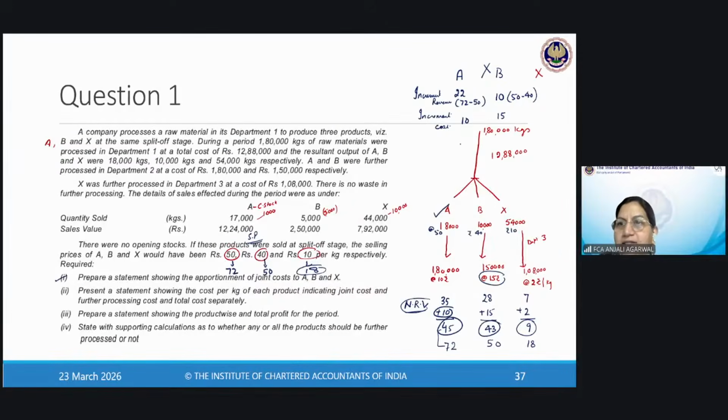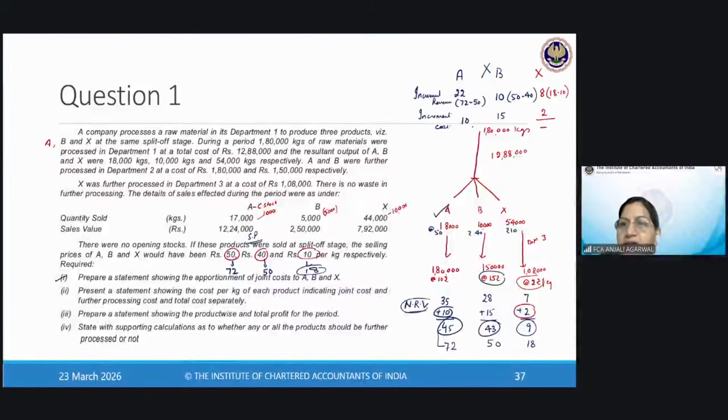Similarly for X, what is the incremental revenue? It is 8 rupee per unit, 10 and 18. 18 minus 10. You are selling your product for 8 rupee per unit extra by incurring a cost of only 2 rupee per unit. Incremental revenue is more than incremental cost.